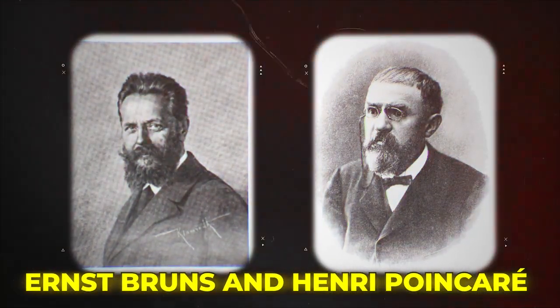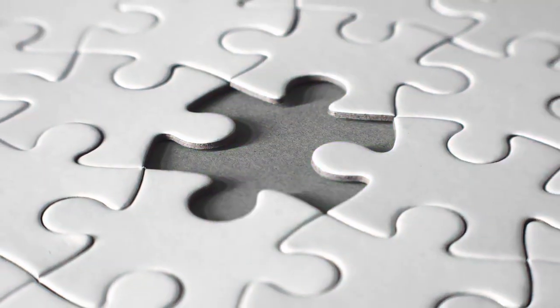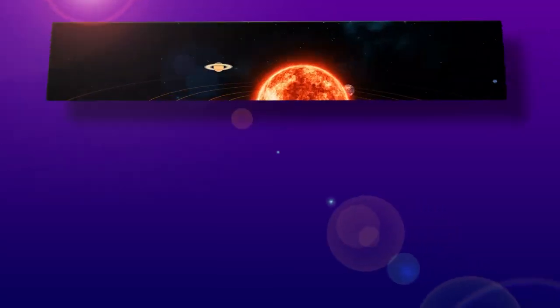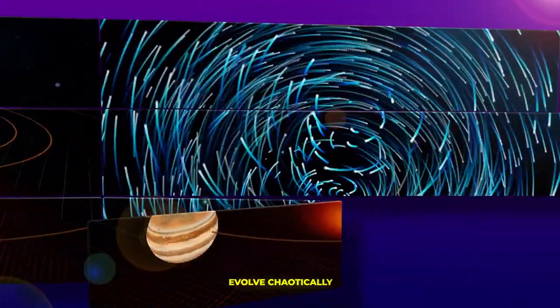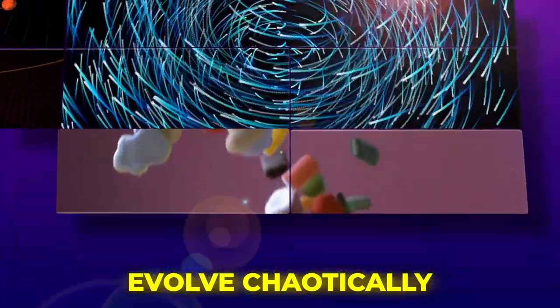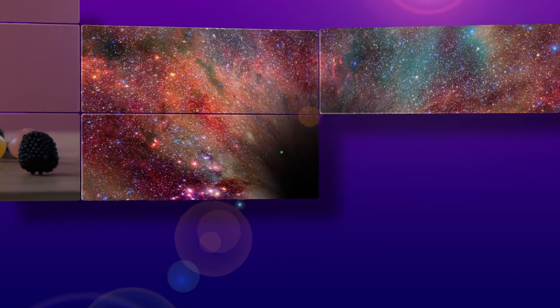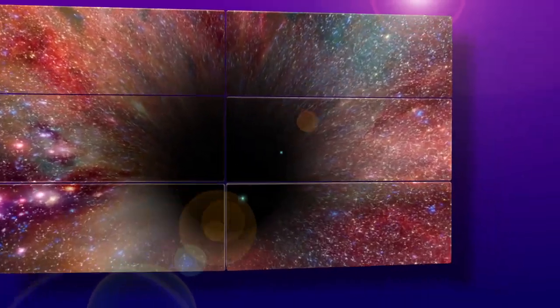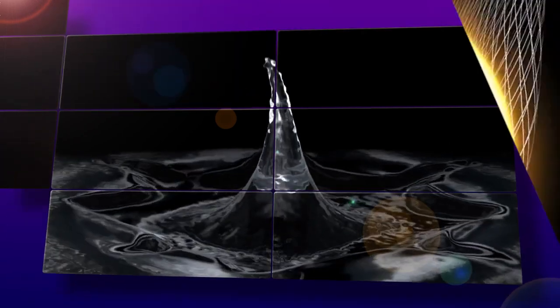In the late 1800s, Ernst Bruns and Henri Poincaré convincingly argued that a universal analytic solution does not exist. The reality of the three-body problem is that most starting configurations evolve chaotically. Small changes in initial conditions lead to vastly different future states, resulting in unpredictable orbits that often lead to one body being ejected from the system.